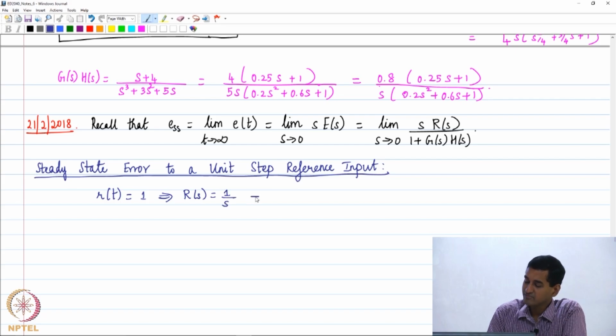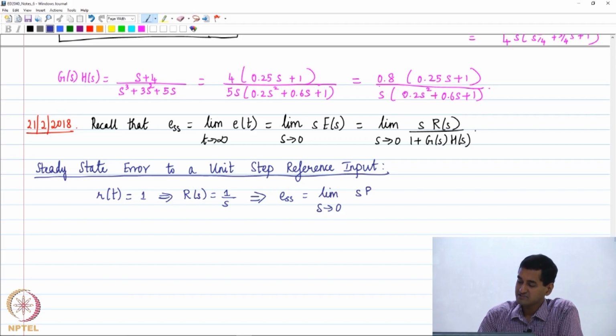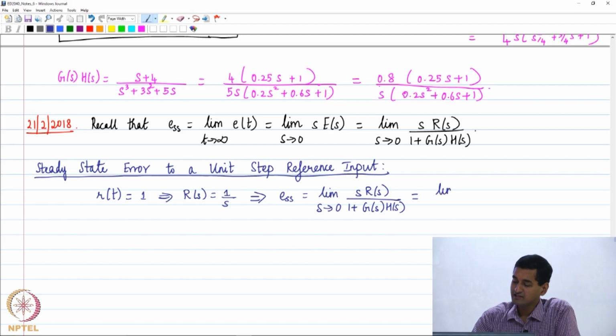So, this immediately implies that the steady state error, which is limit s tending to 0 s times capital R of s divided by 1 plus G of s H of s, is going to be equal to limit s tending to 0 of 1 divided by 1 plus G of s H of s, right.